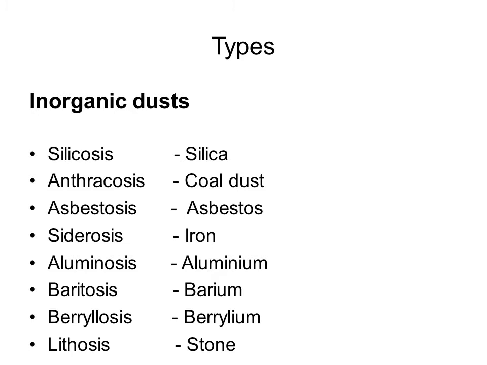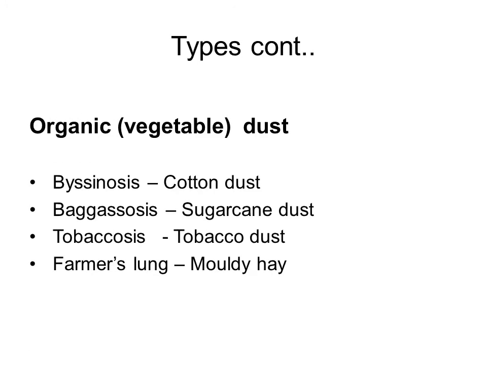So silicosis due to silica, anthracosis due to coal dust, asbestosis due to asbestos, siderosis due to iron, aluminosis due to aluminium, barytosis due to barium, beryliosis due to beryllium, and lithosis due to stone. Next is, if the question comes, this comes as the types of pneumoconiosis, right? The first, the inorganic dust, then is the organic or vegetable dust.